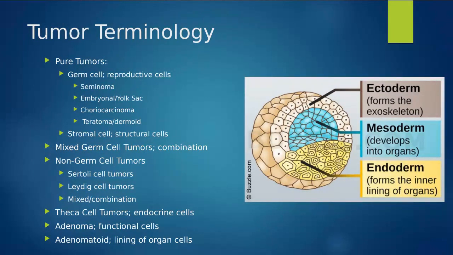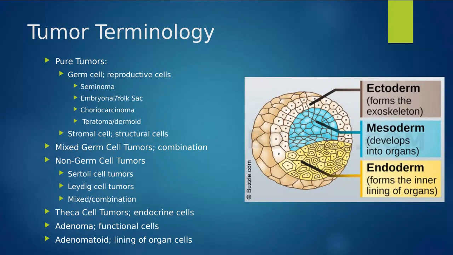Now, we can have a combination of these germ cell tumors, and those are going to be what we call mixed germ cell tumors. This is when you have at least 2 germ cell tumors combined, making up its own type of mixed tumor. So don't lose me here. We're going to talk about these.